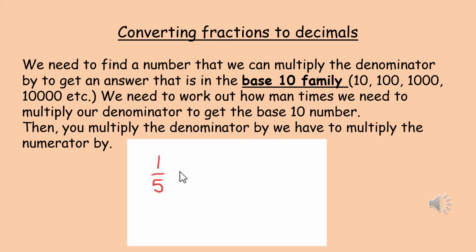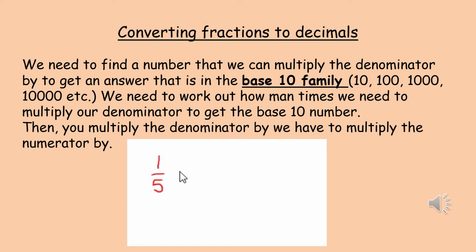I'm going to give you an example at the bottom here. So at this point, what you should be doing is writing this up in your maths book, and I'm going to show you an example of a fraction that needs to be converted or changed so that we can convert it to a decimal.